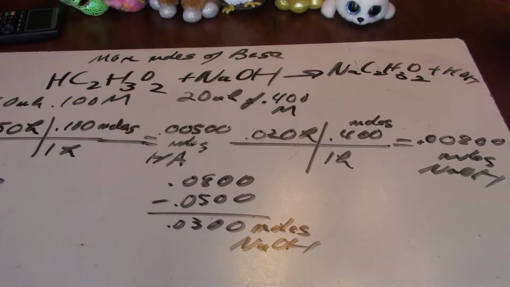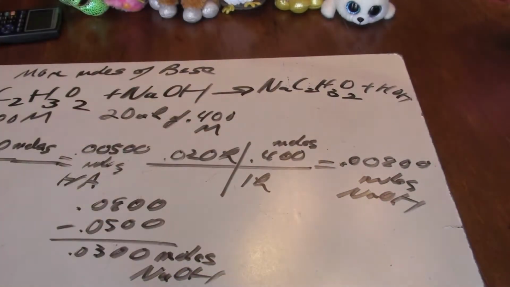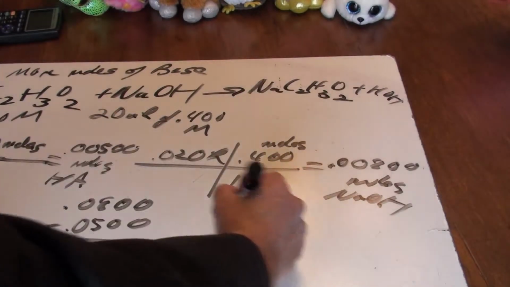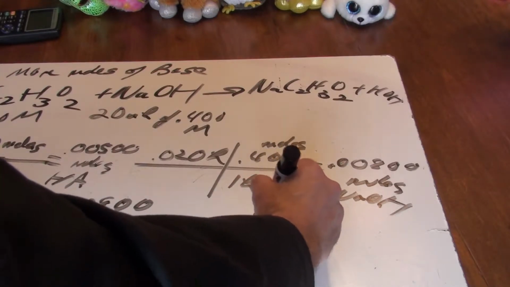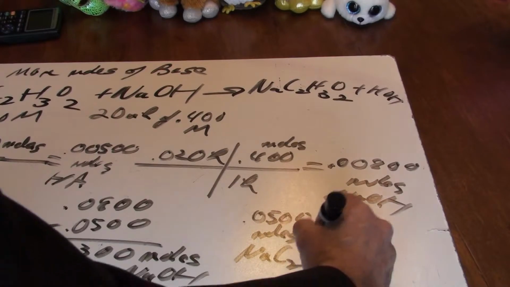In addition, we will have created some sodium acetate. Because the acid is the limiting reactant, after the reaction we will have created 0.00500 moles of sodium acetate.